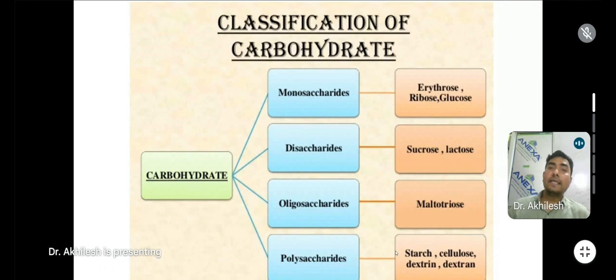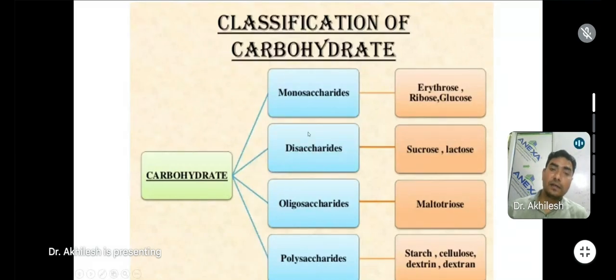If we talk about their classification, it is divided into different types, like monosaccharides. Monosaccharides means a single unit; after hydrolysis, no further units can be produced. The examples are glucose, fructose, ribose, and so on.